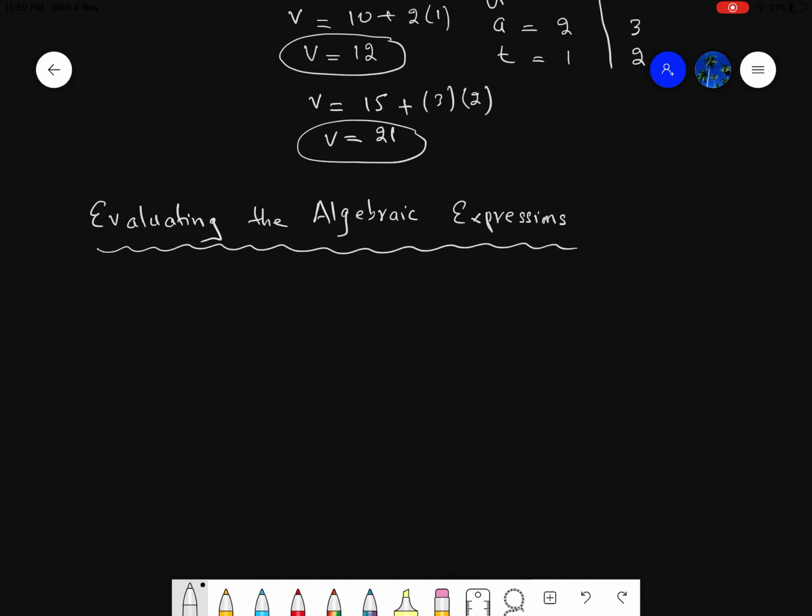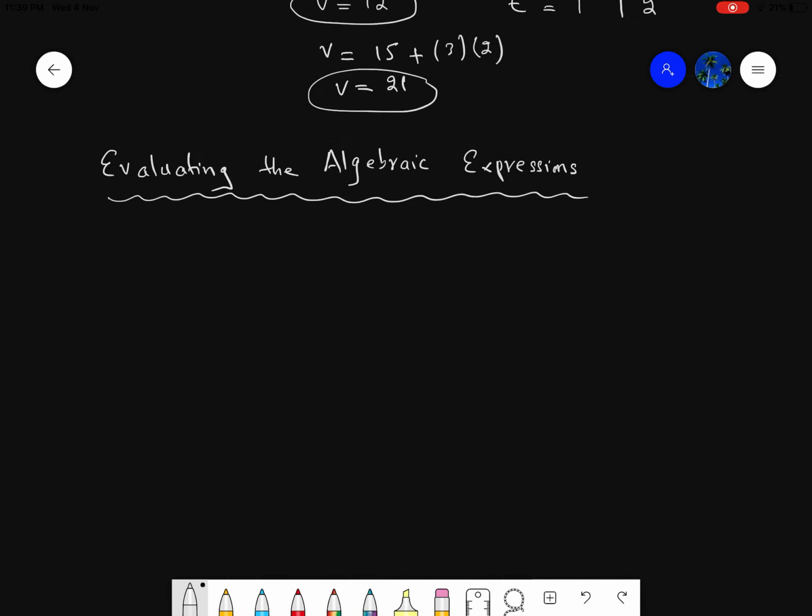The next topic is evaluating algebraic expressions. If we are given a simple expression 3a minus 2, and we are asked to evaluate this expression if a is equal to 3, we simply need to replace the value of a with 3.